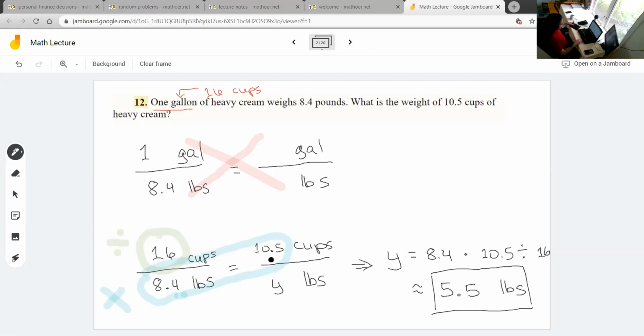All right, we were given the cups. We just needed the weight. Yes. So this is an easy one to make harder than it is.